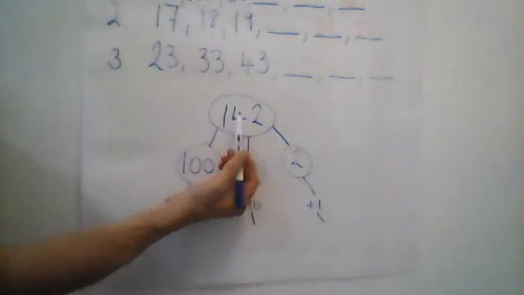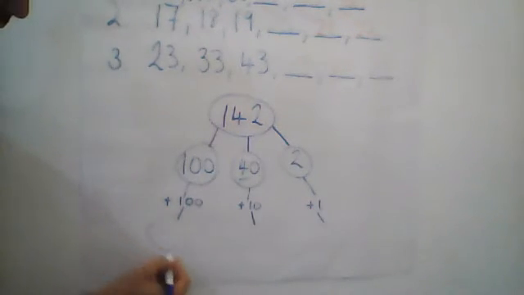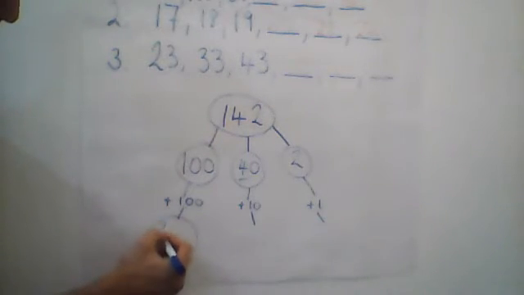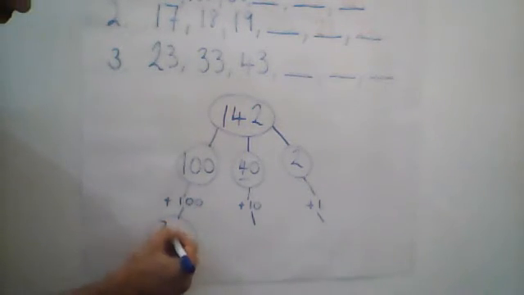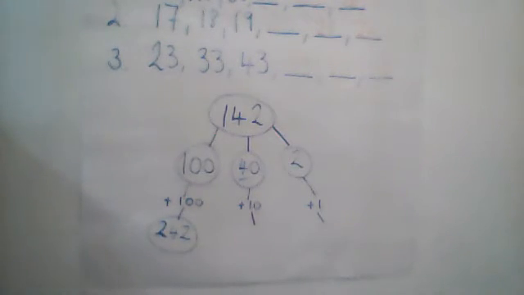So, for example, 142, add 100, we look at the hundreds column, we add 100 to this number, that's going to give us 242. 2 hundreds this time, as we've added the 100 there, we've added our burger, we've got 2 burgers this time, and that leaves us again with 4 tens and 2 ones.